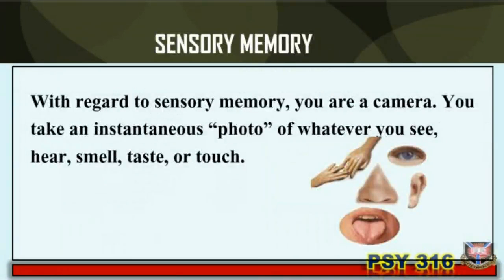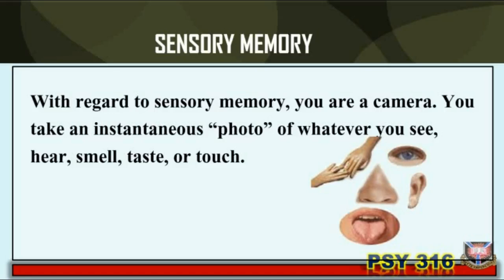Content. Sensory memory. With regard to sensory memory, you are a camera. You take an instantaneous photo of whatever you see, hear, smell, taste, or touch. For a fraction of a second, your brain absorbs the overall appearance of a room you step into, with its colors, shapes, and arrangements, and the rumble of sounds around you on a busy street.